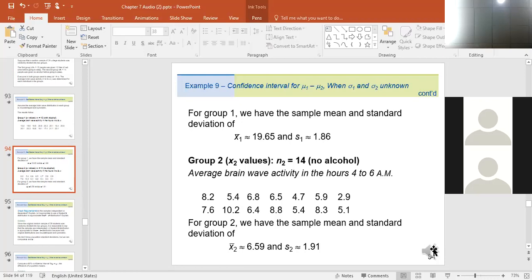We are using interval. You are done. What do you want? No, I was trying to help. Oh, sorry. You got it? Yes. Everybody has it? What is the confidence interval?